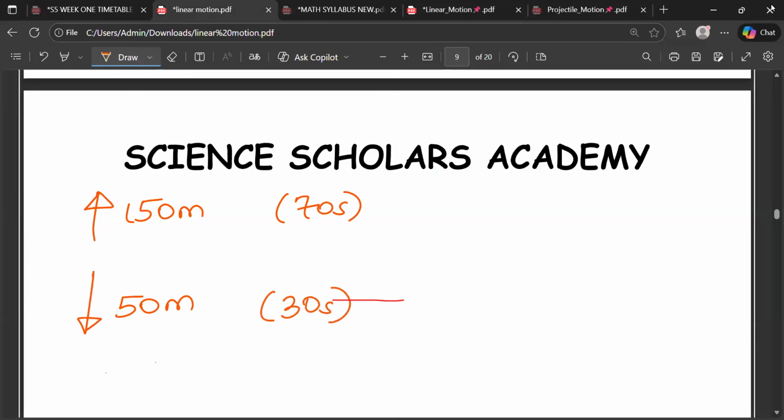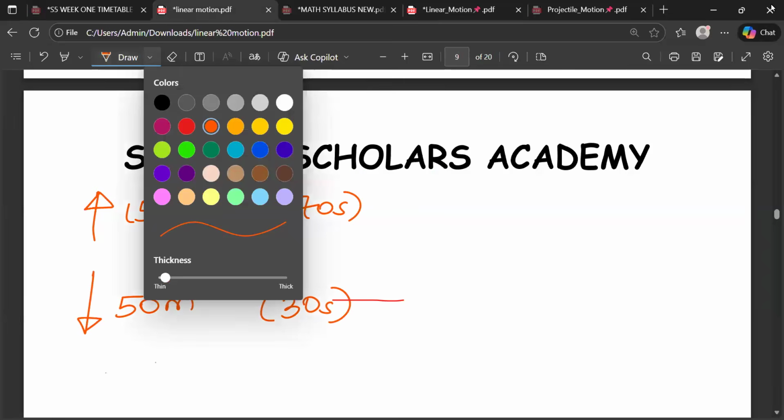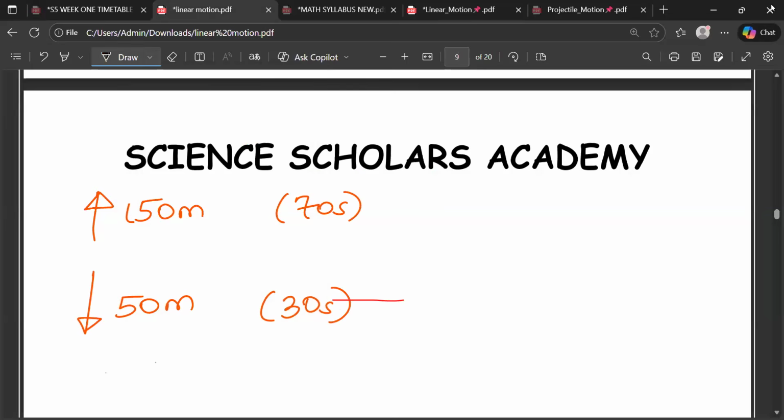And they are asking for total displacement, because we need to get average velocity, and average velocity has displacement on top. So we are supposed to subtract. If you know forces, if they tell you that a body has 70 newtons on top and 30 newtons down, you know what to do to get the resultant.